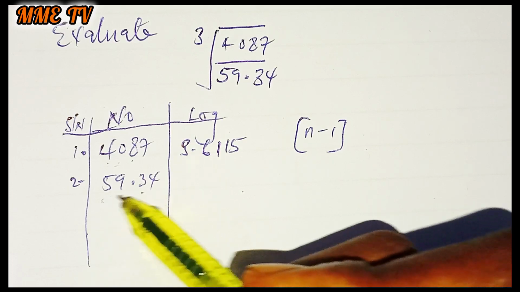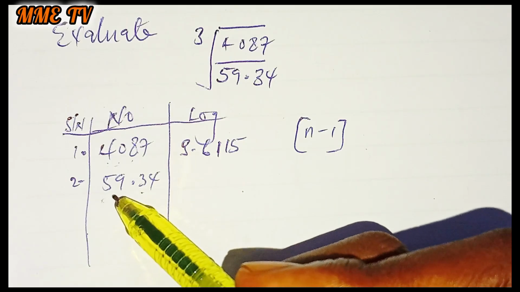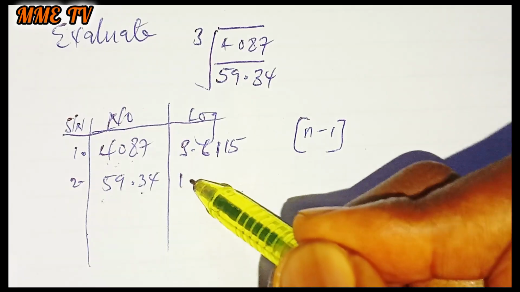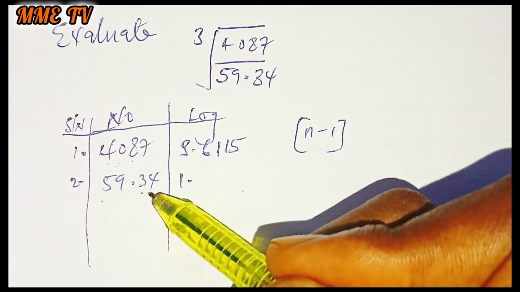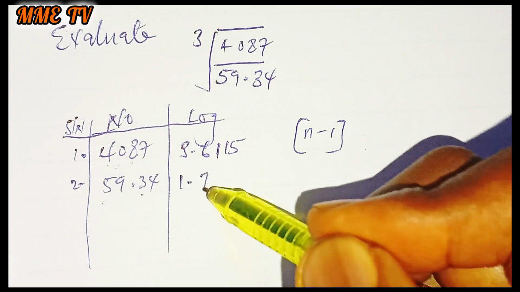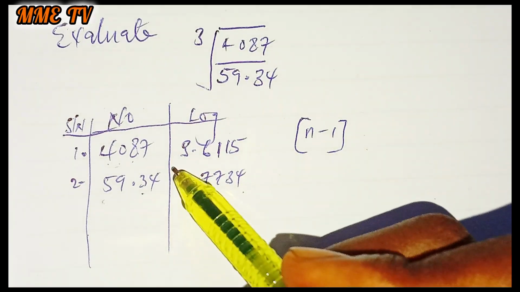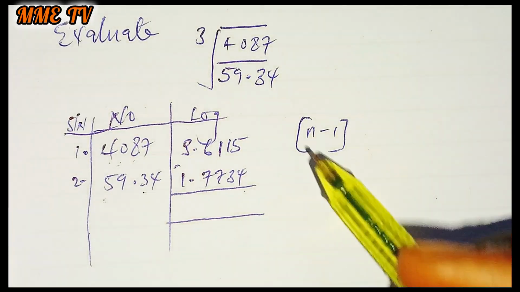This is not the same as this. Because I'm having two whole numbers, 2 minus 1 is going to be 1. Then I'll look for the logarithm of 59 under 3 and difference of 4, which is 1.7734. Then I will now subtract it from this one to find my value.